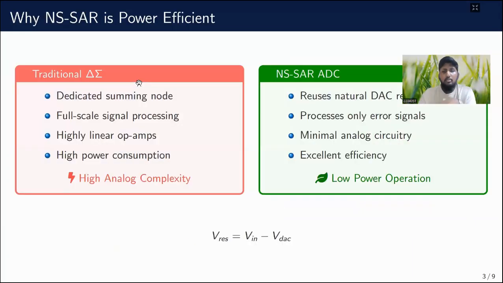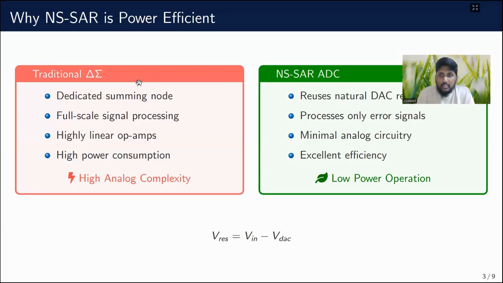Now we talk about why noise shaping SAR is more power efficient. Traditional delta sigma architectures, as you can see, process entire analog signals continuously, which requires complex analog blocks and high power. In contrast, noise shaping SAR ADCs reuse the natural DAC residue, process a small amount of error signal, and use minimal analog circuitry.